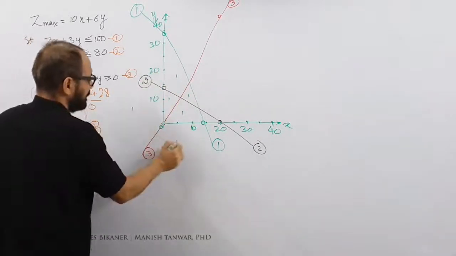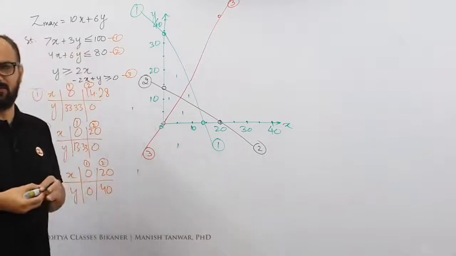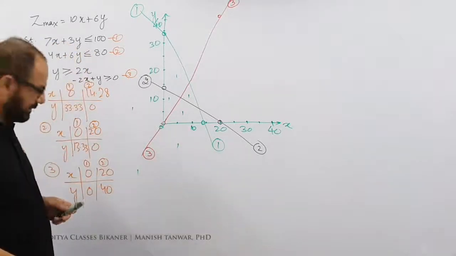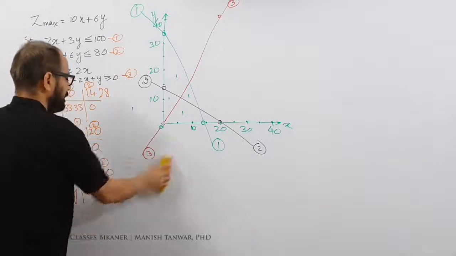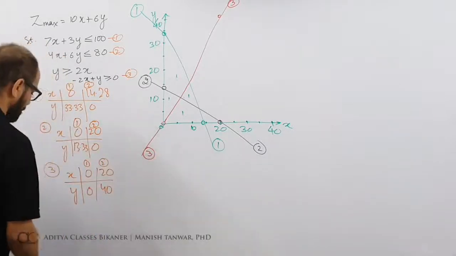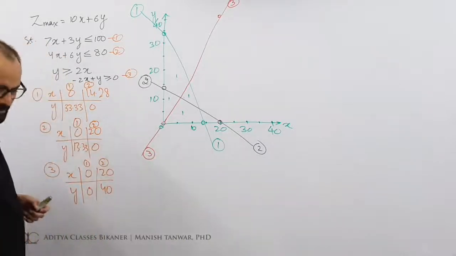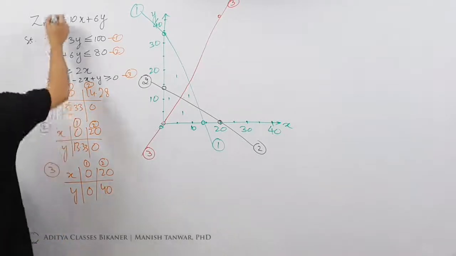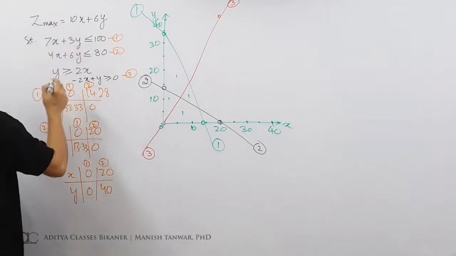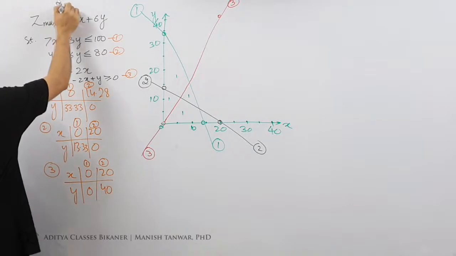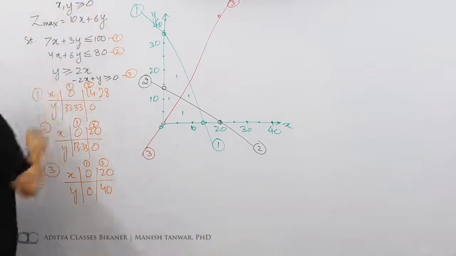Yes, the first constraint agrees to the second, third and fourth quadrant also, but we reject the second, third and fourth quadrant because of that physical constraint which I forgot to put over here. The physical constraint says x and y will be greater than or equal to 0.